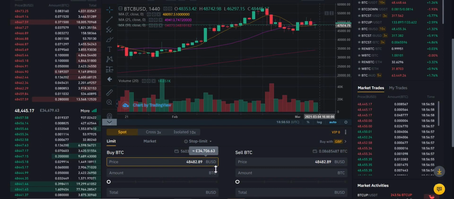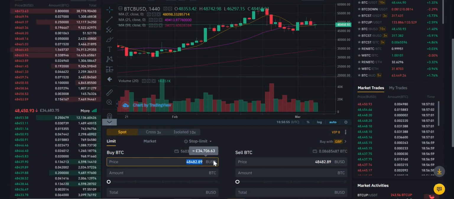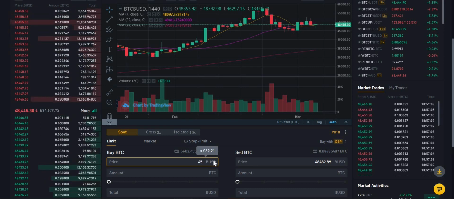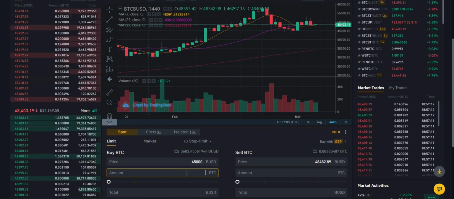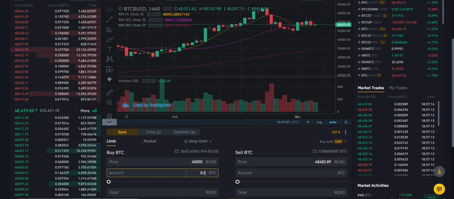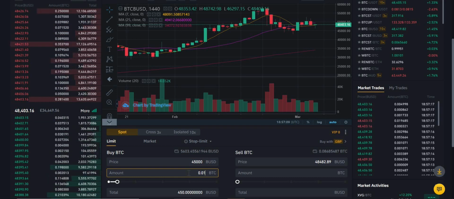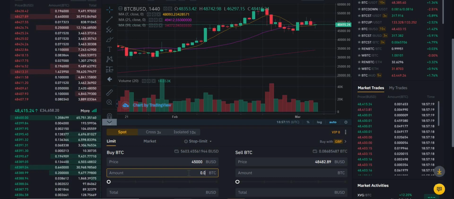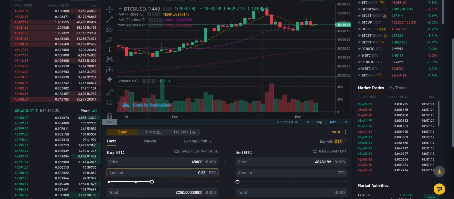So for example, if I set the price here to be, say, 45,000, yep. And then I put in that I want to buy 0.01. Okay, let's put 0.05 BTC, fine.